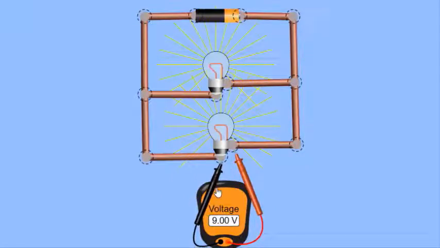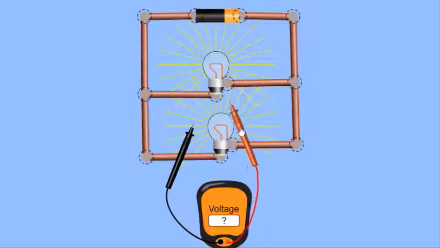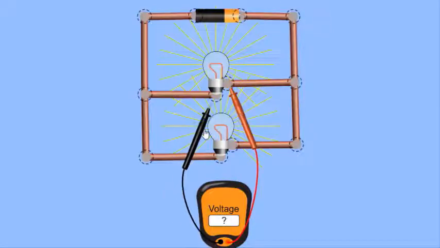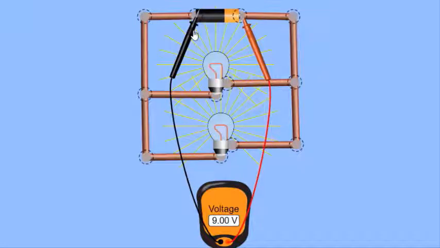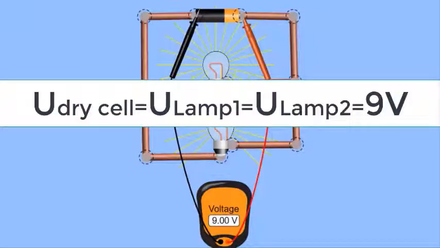The voltage of this lamp is 9 volt, of that lamp is also 9 volt, and of the dry cell is 9 volt. What does this mean? This means that the voltage of the dry cell is equal to the voltages of the lamps when they are connected in parallel.